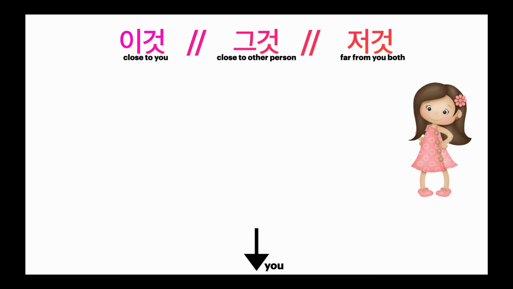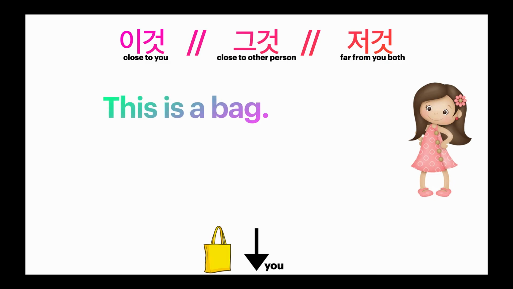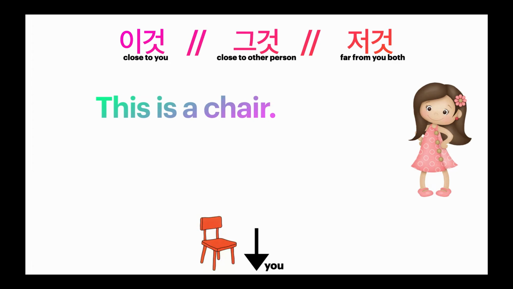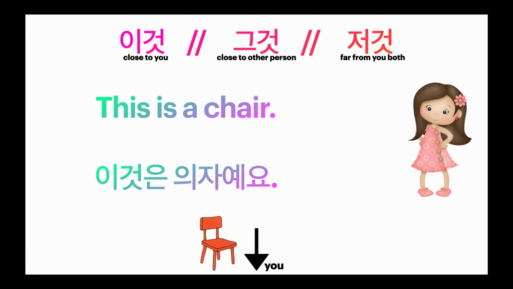Okay, now we have to accept that our best friend is just a child and she doesn't actually know what anything is, so it's time to explain to her. This is a bag. 이것은 가방이에요. This is a chair. 이것은 의자예요.